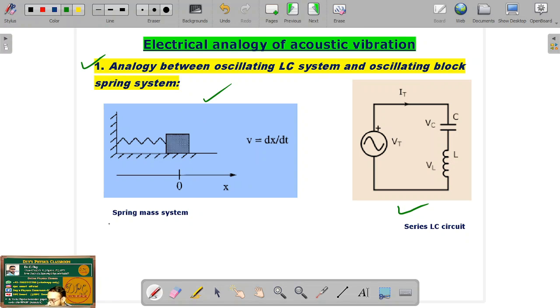So this one is a spring mass system where a block of mass m is attached with a spring and it is moving along x-axis, along x direction, and an electrical LC system, that is inductance and capacitance connected in series, and an alternating voltage has been applied to this circuit, which is called the series LC circuit. So we will find out the analogy between these two electrical system and mechanical systems.